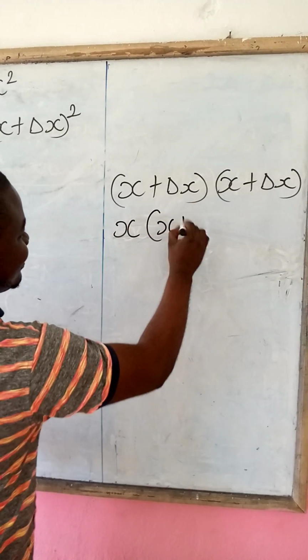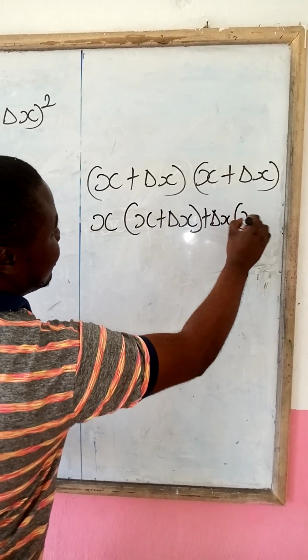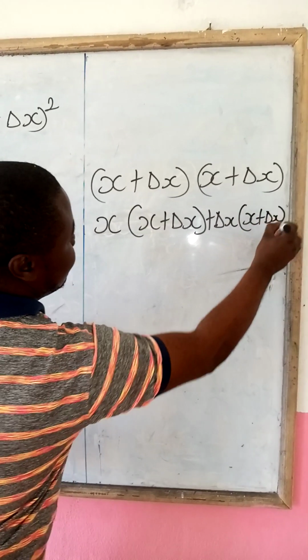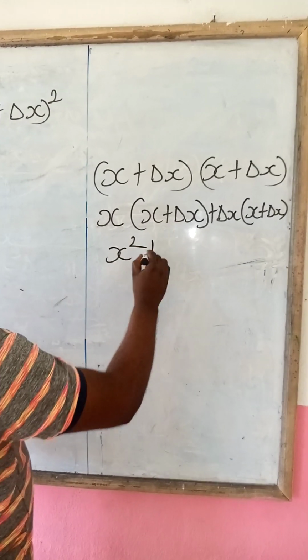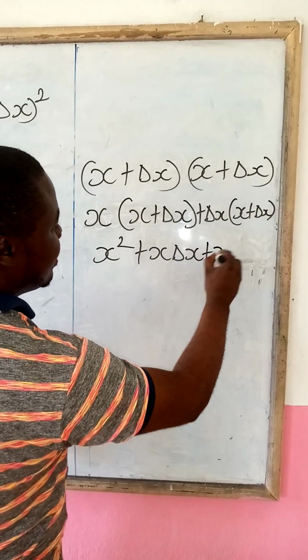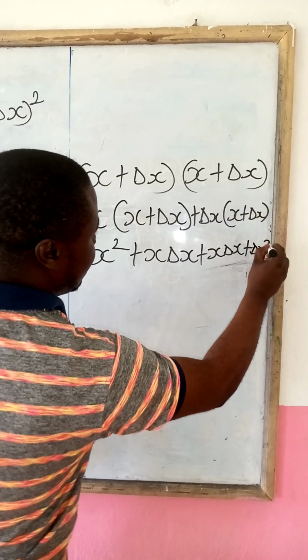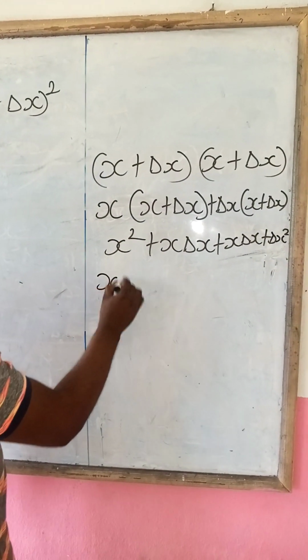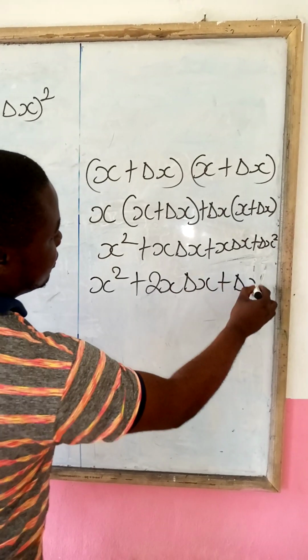That method I wanted to use might be difficult for some, so let me use this other method so that it becomes easier. x times x is x squared. x times δx gives you xδx. δx times x gives you xδx. Then δx times δx gives you δx squared. Please take note of that. So this is x squared plus 2xδx plus δx squared.